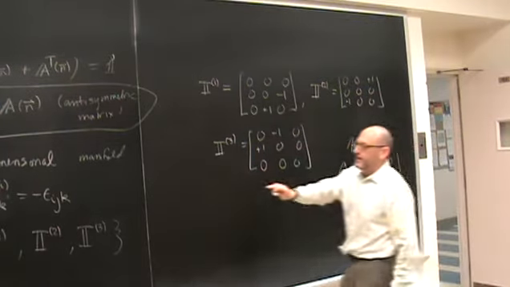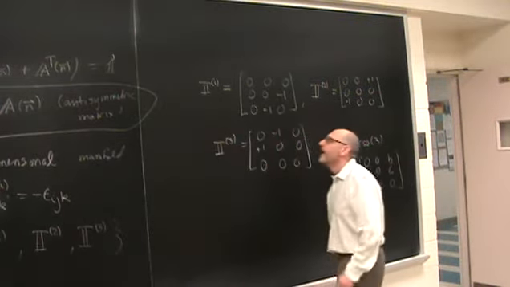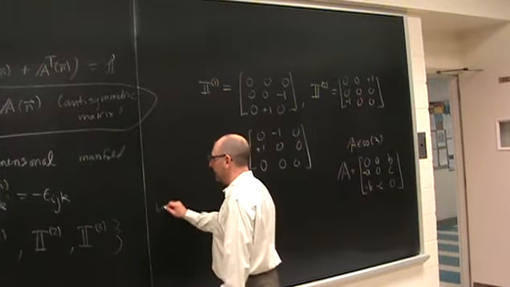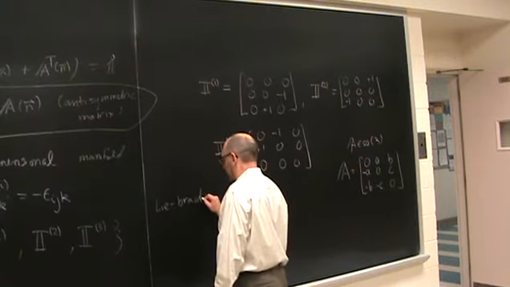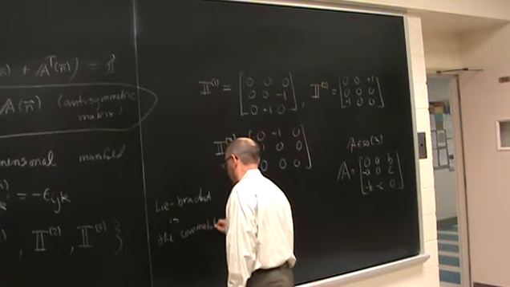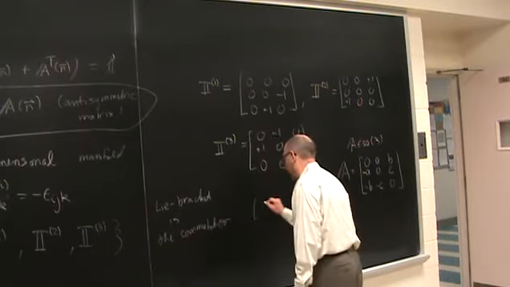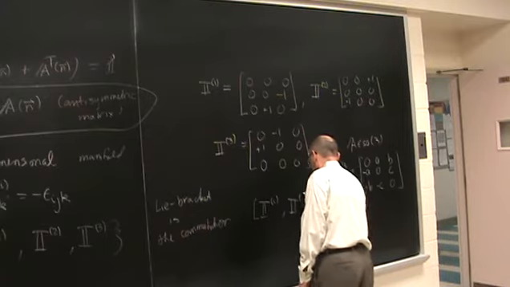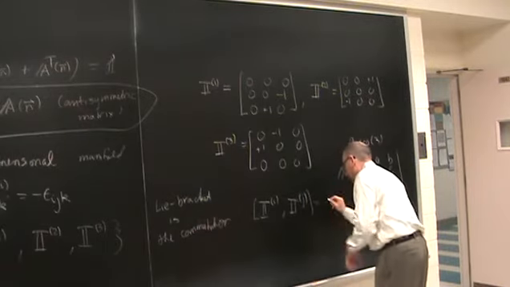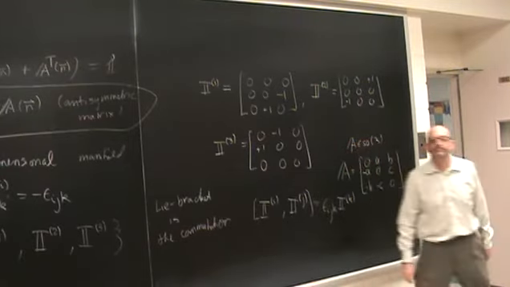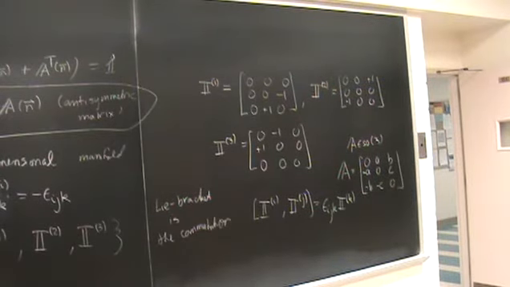Therefore, the set here is a basis, and moreover, it's a Lie algebra with respect to the bracket. So my Lie bracket is the commutator. And with a little bit of algebra, you can show the following is true. The commutator of any two of these basis matrices is f_ijk times I_k, summed over k. This defines the Lie algebra SO3.